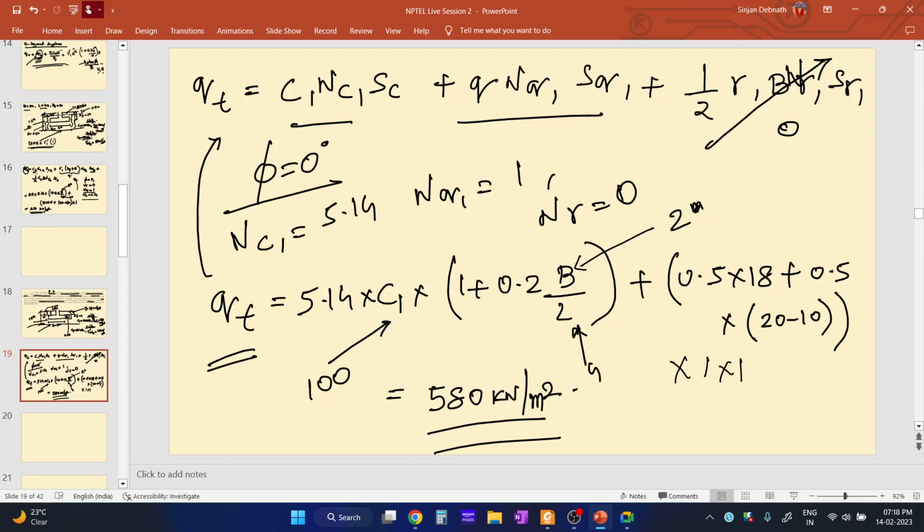You will understand in the third part why we are doing this separately, because we need to find the bearing capacity of the two layered system together. So please let me know if you have any doubts. Shall I proceed to the next problem?